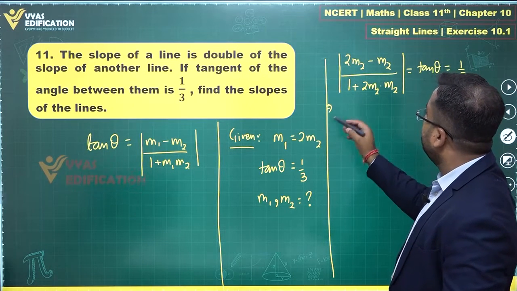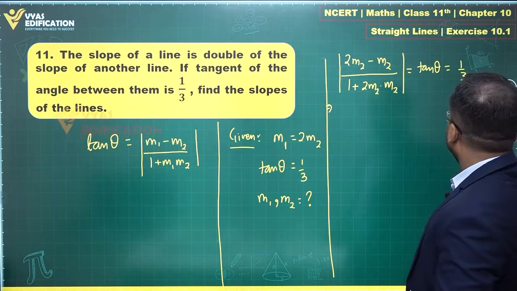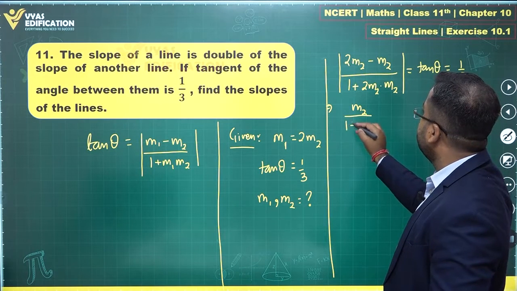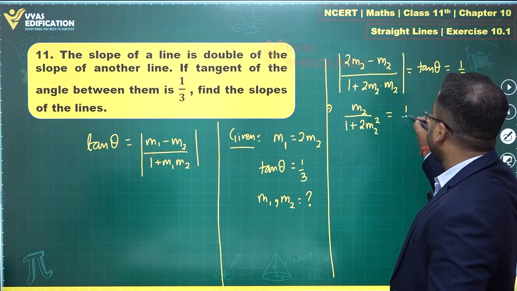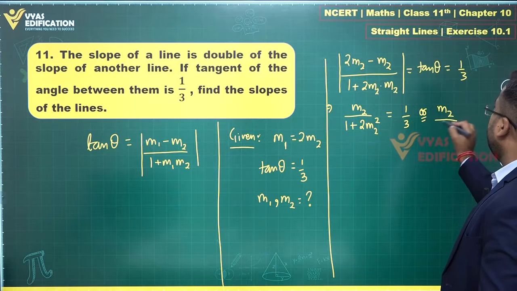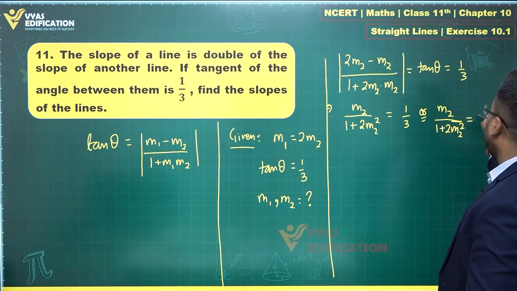Let's simplify this first. This becomes m2 upon 1 plus 2m2 square is equal to 1 by 3, or the same expression m2 upon 1 plus 2m2 square is equal to minus 1 by 3.